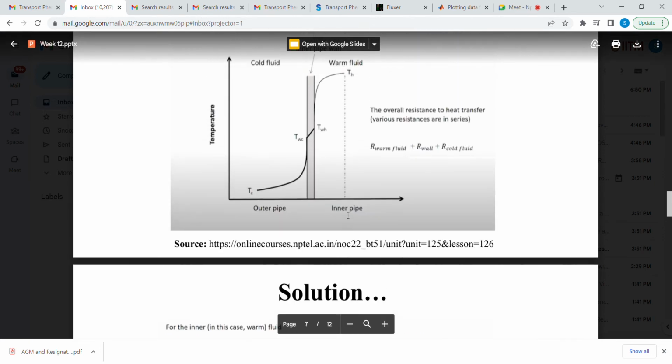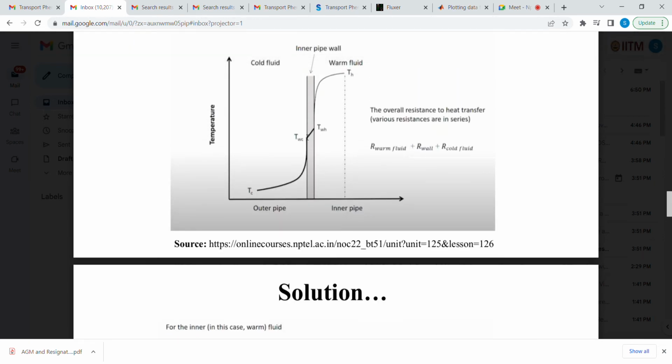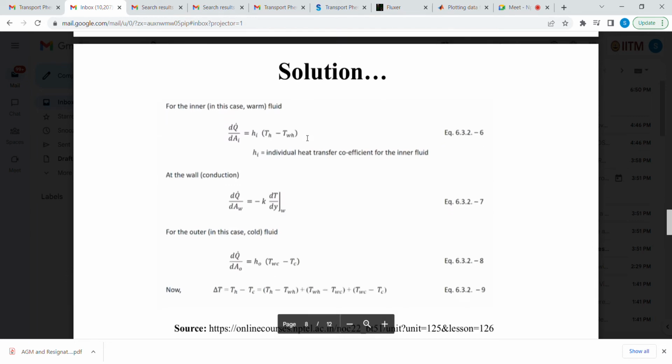So at the wall, this conduction occurs, correct? So how do you write conduction? It's basically Fourier's relationship.